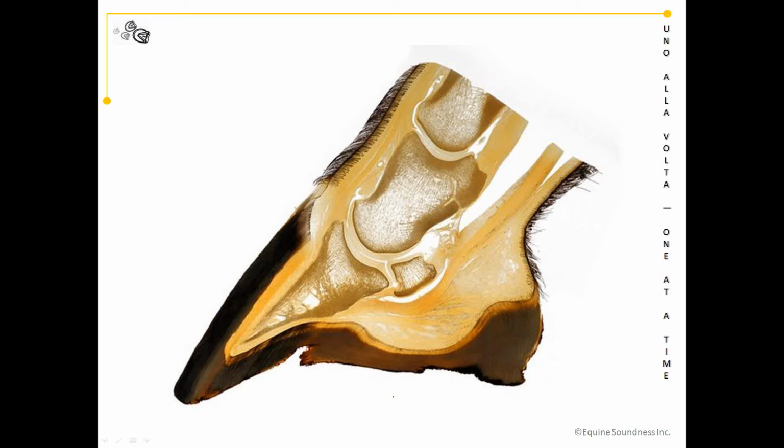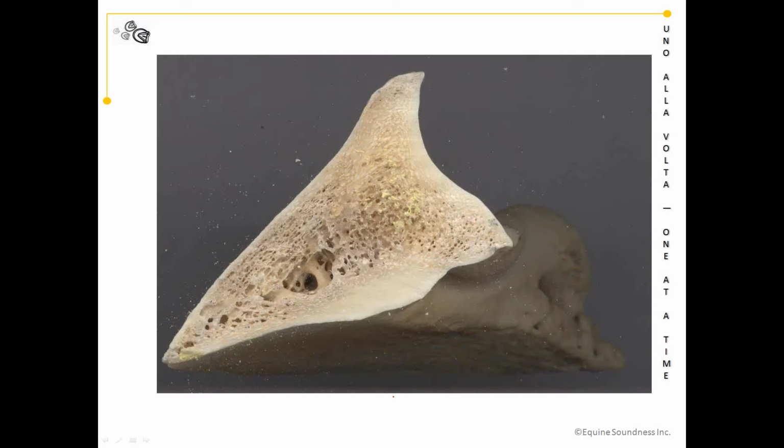This is a sagittal cut, a cut across from the front to the back, and I will show you in the next picture how this comes together. If you look real close in this picture, it is a sagittal cut through the middle of the coffin bone.